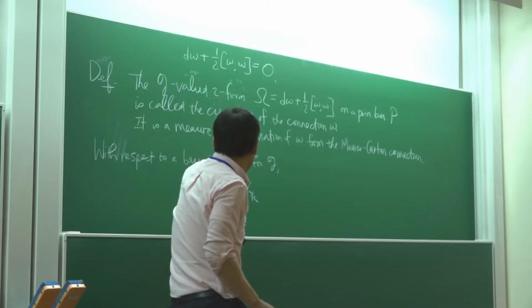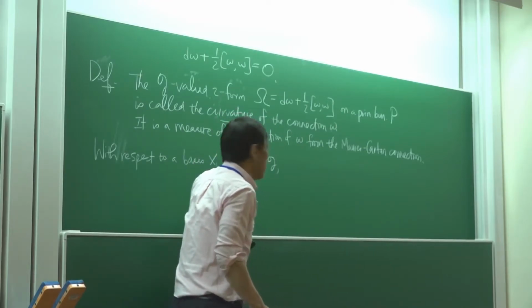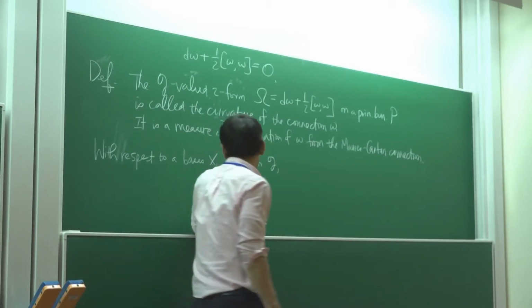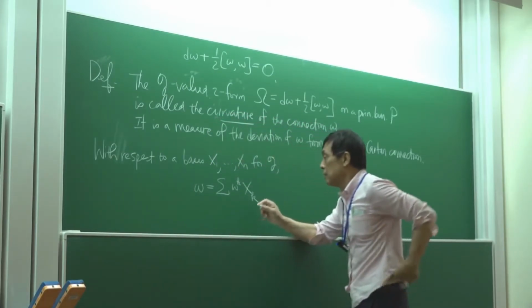So omega in the linear combination would have R-valued coefficients.